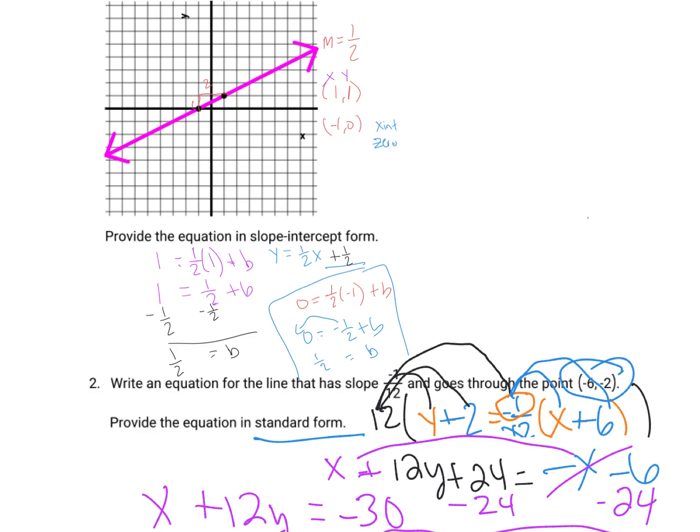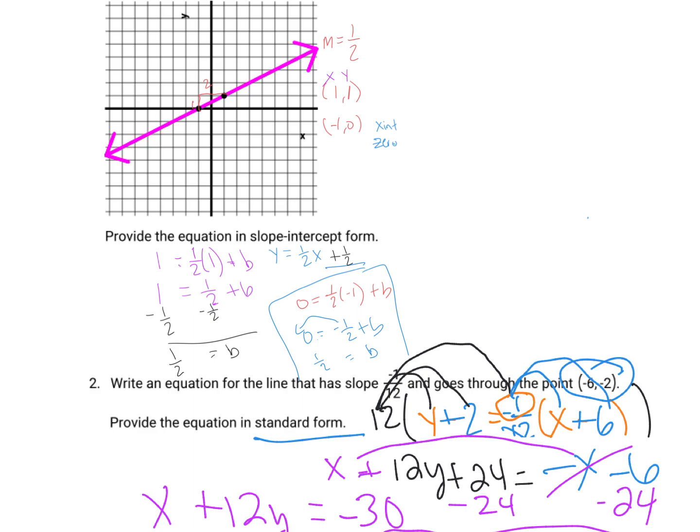Okay, so to check your answer, you take your point, negative 6 and negative 2, and you plug it in. So x is negative 6, so negative 6 plus 12 times negative 2. And your question is, does it equal negative 30? So either in your head or in calculator, you just put that in.